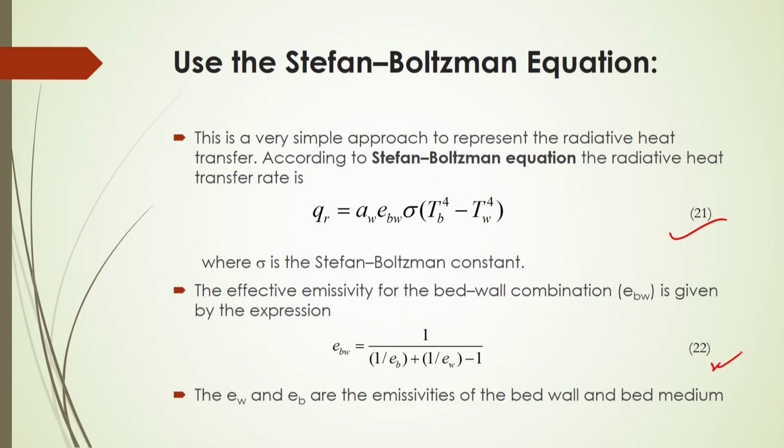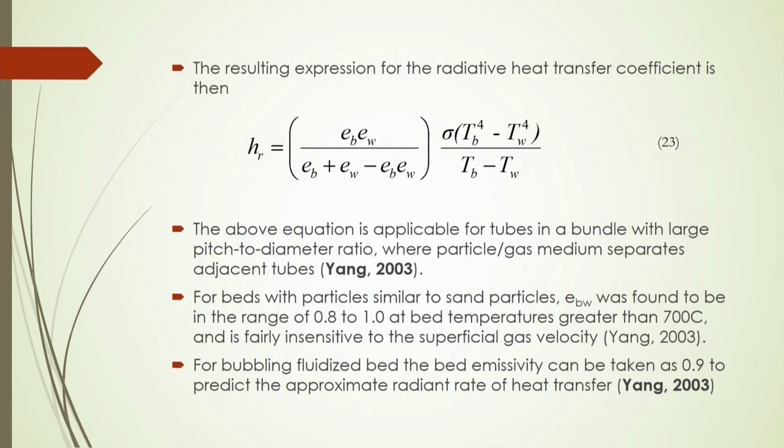Here, E w and E b are the emissivities of the bed wall and the bed medium. The resulting expression for the radiative heat transfer coefficient is then H r, equal to E b E w by E b plus E w minus E b E w, into this fraction that is given in equation number 23.